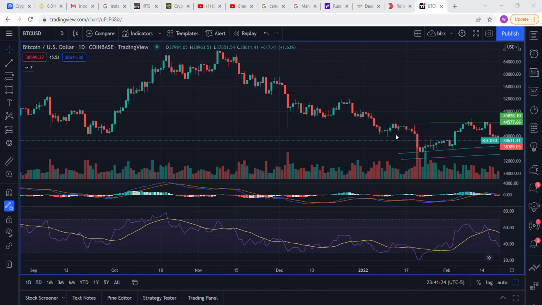Whenever I see something like this happening, I have a good idea of which direction it's going to keep going, or not keep going, which would be breaking out of support or resistance.